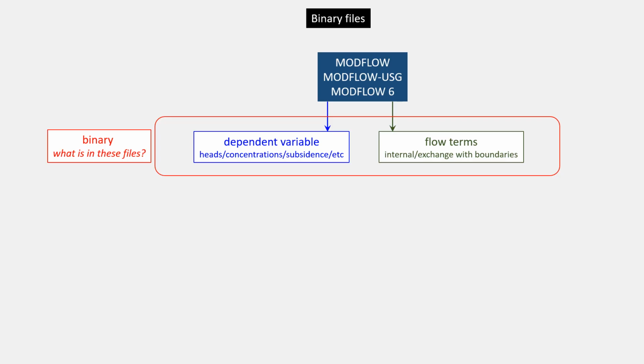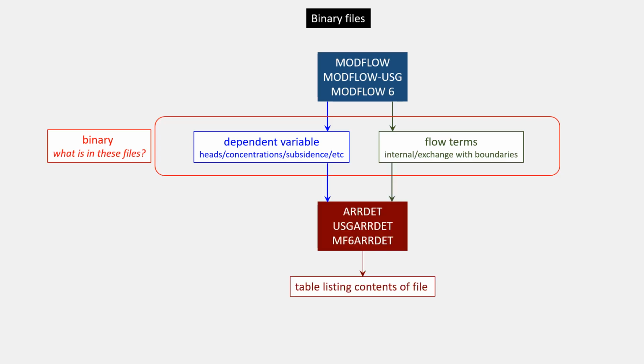They're large, they're binary, we don't know exactly what their contents are. We can find out their contents by using any of these three utilities. RDET stands for array details. For a structured grid model we'll use RDET. If we're using MODFLOW USG, we can use USG RDET. If we're using MODFLOW 6, we can use MF6 RDET. And it produces a table listing the contents of these files.